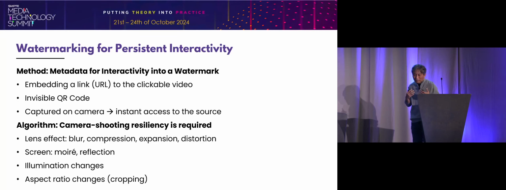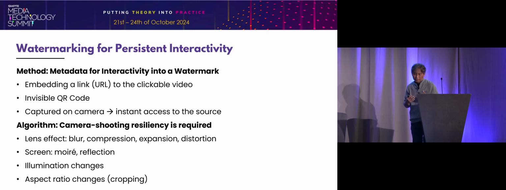So the problem is the video has to go through these attacks if you shoot the video with a camera. There's something called lens effect, which is blur, compression, expansion, or distortion. If you shoot a computer screen, there's a moire and a reflection problem.